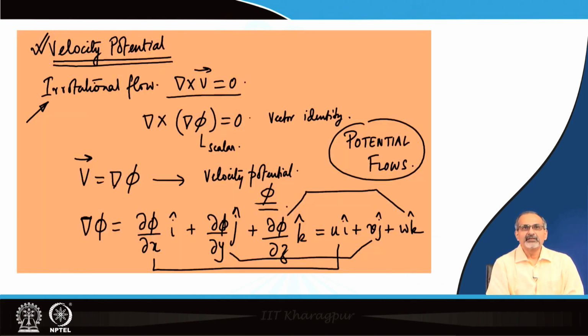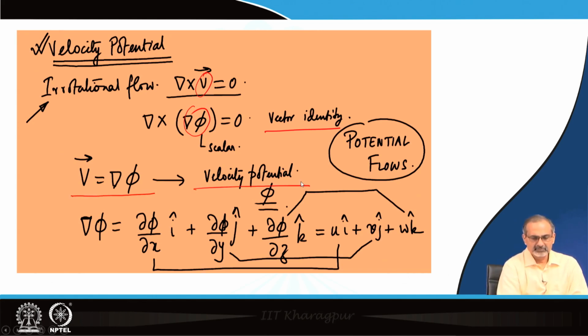When you have irrotational flow, then going by this vector identity that we have written, that is curl of a vector going to 0, and if you replace that vector, let us say the velocity vector, by gradient of a scalar, then it identically satisfies that vector identity. And in that case, we can say that in case of an irrotational flow, a velocity potential phi exists, which can express the velocity vector.